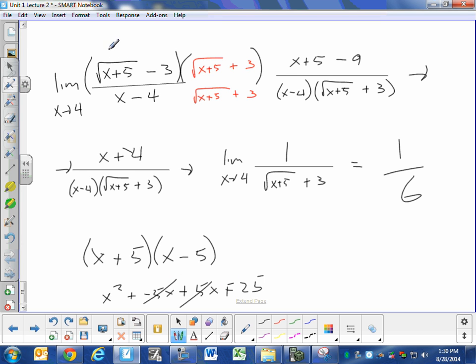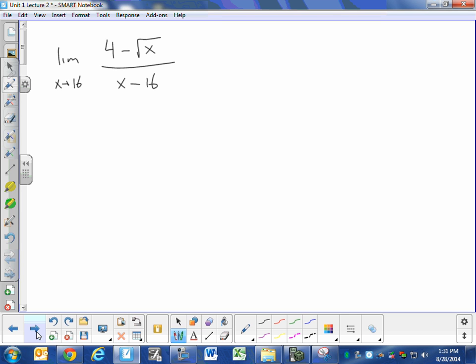You got to remember, you'll have an a squared minus your b squared. A squared is x plus 5. Your b, which is 3, squared is 9. A squared minus b squared. Okay? That simplifies to be x minus 4. Cancel here. Plug in 4. You get root 9 plus 3, 6. Okay? Let's try this one. Do we have time? No, let's move on. We might go back to this one.